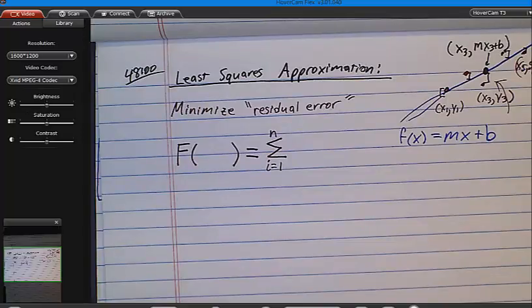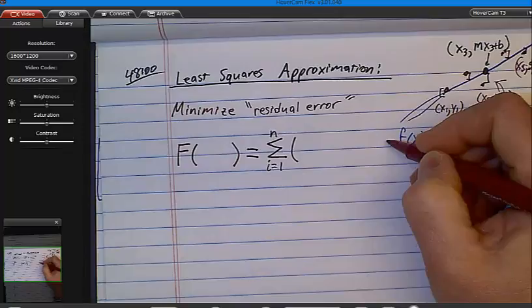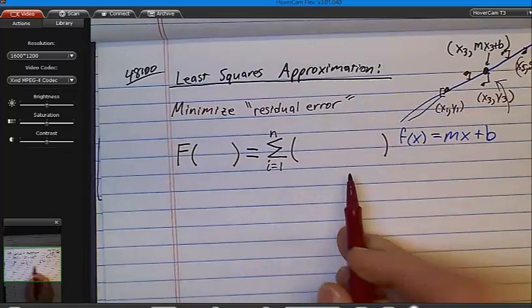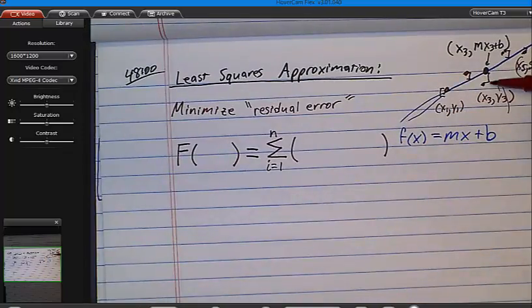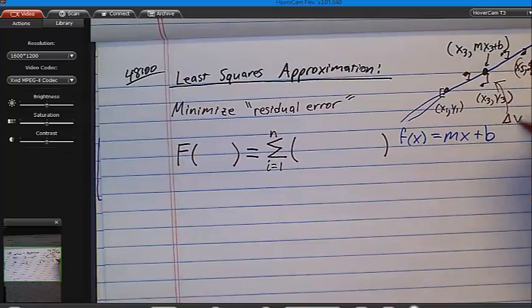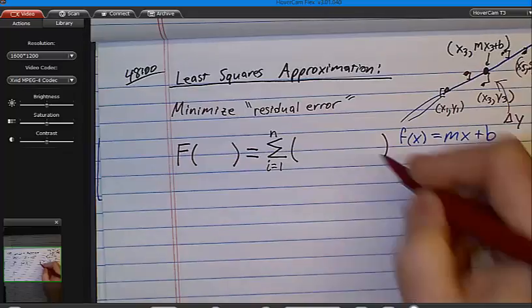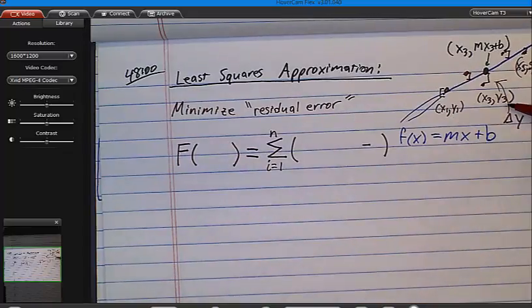So let me explain what big F is. Big F is a function, and what you do is we want to add up these differences, right? I basically want delta y here, right? And so what I'm going to subtract, well, like here I'm going to subtract y3.